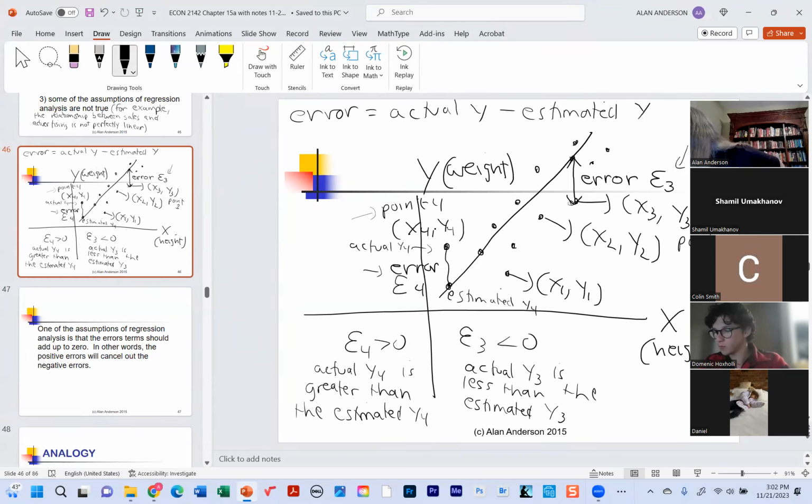Notice this point is above the line, which means we have a positive error: epsilon 4 is positive. And up here in the upper right-hand corner, we have point 3, x3, y3, and this one is negative. So this is very similar to the one we had before. Again, the errors are not an issue as long as they do average out to 0. We add the positive errors and subtract the negatives, and we're going to wind up with 0.